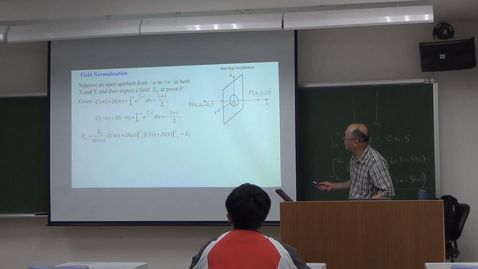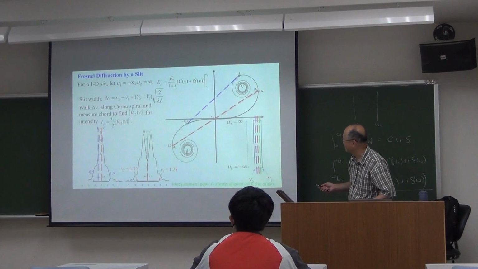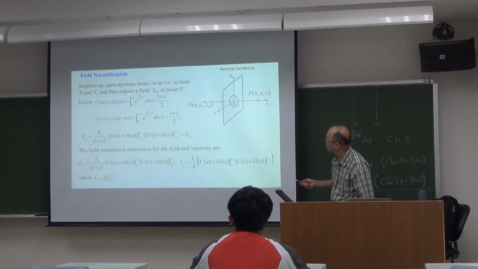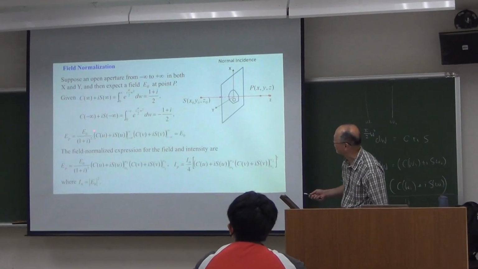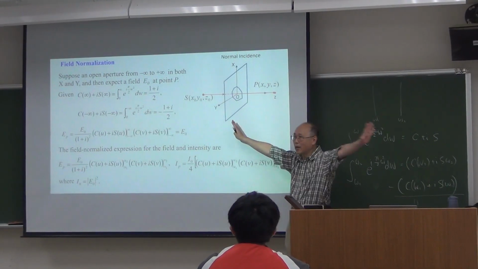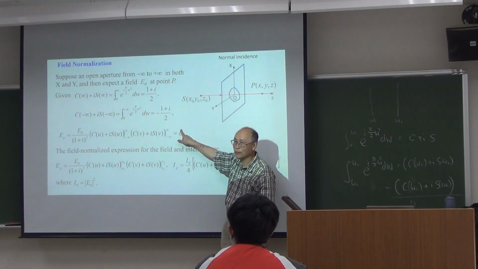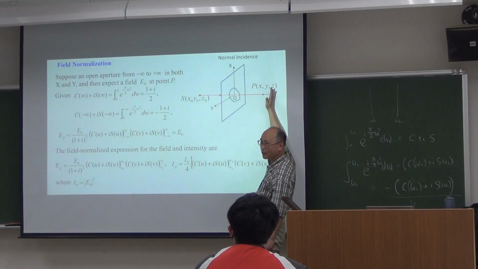But before then, to be rigorous, of course, you can do some normalization. I will let you go through this normalization by yourself. Basically, you set the coefficient correctly in front of this, so that if you have a wide opening of the slit, you have a constant electric field at the observation point.